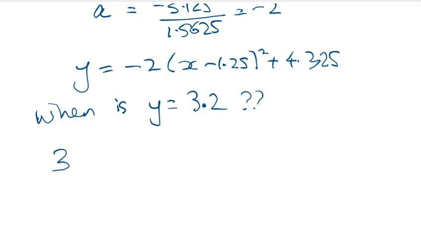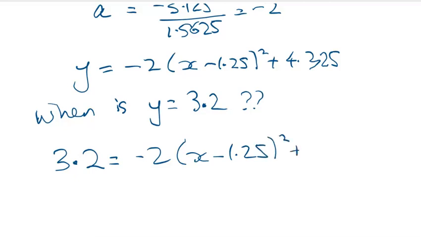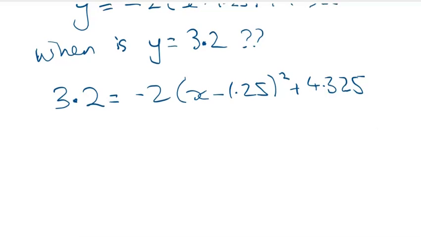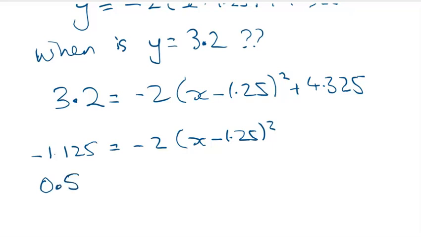Substitute in and solve again. So 3.2 is equal to negative 2 times x minus 1.25 squared plus 4.325. Negative 1.125 is equal to negative 2 times x minus 1.25 squared. That gives me 0.5625.